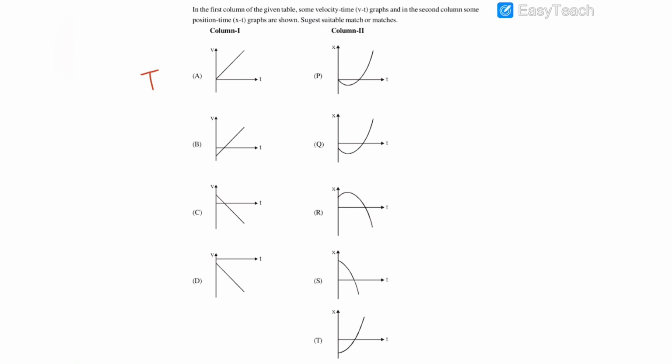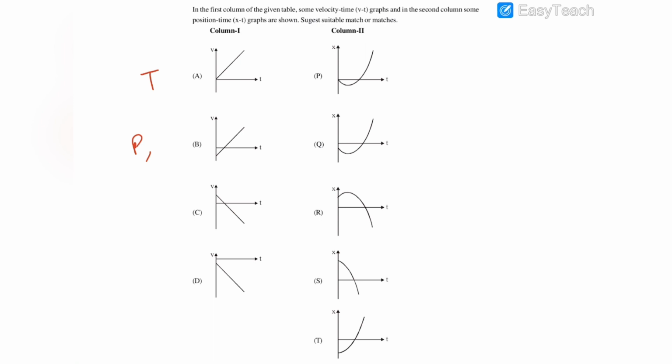And now let us check option Q. You can see that in this case there is no information given about whether at t equal to 0 the particle is starting from the origin or not. So there is not sufficient information provided in this graph about the initial position of the particle.